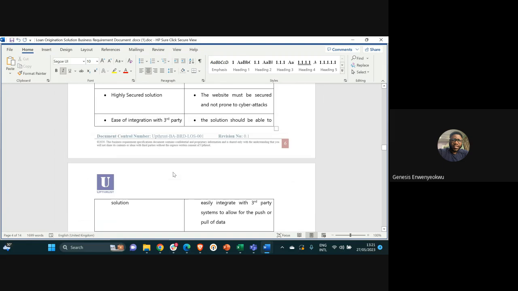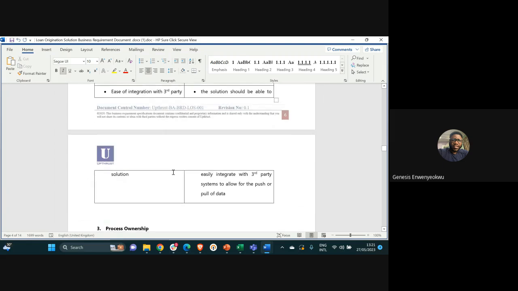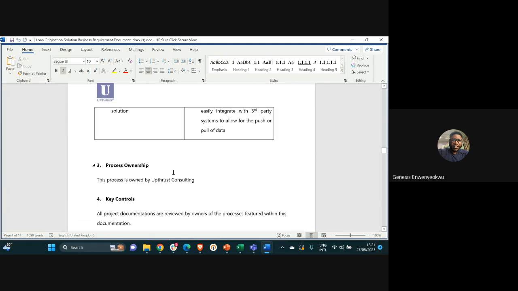Another one is ease of integration, another success factor, and you come up with a performance measure that you can use to measure that particular success factor. So you can have as many success factors and the various performance measures you want to use to measure them.